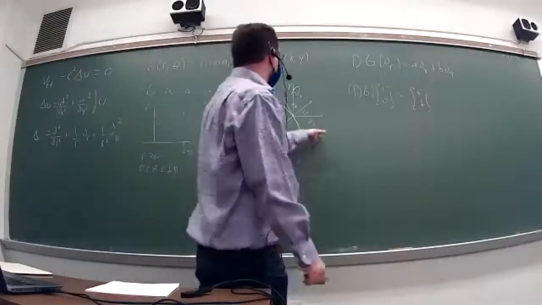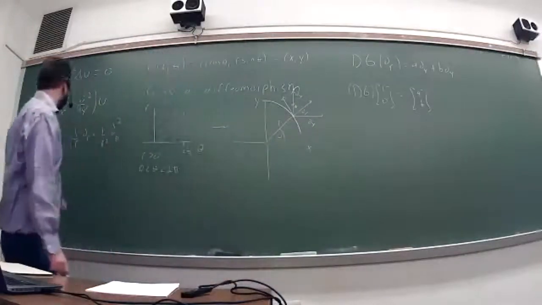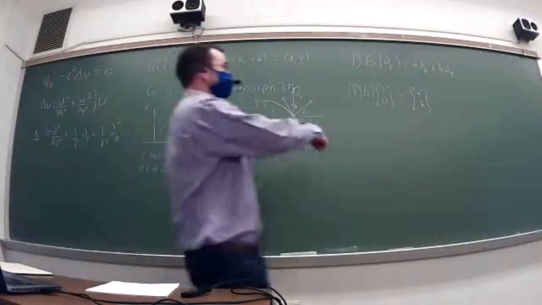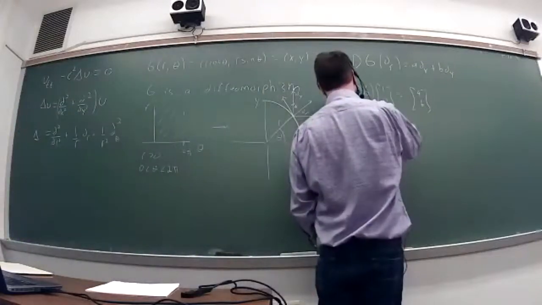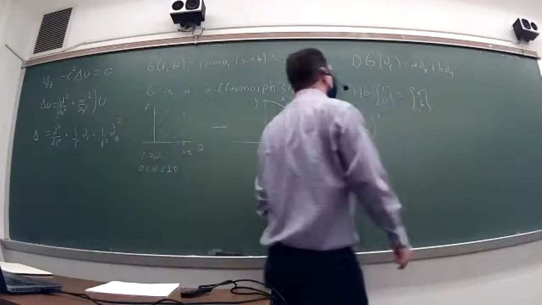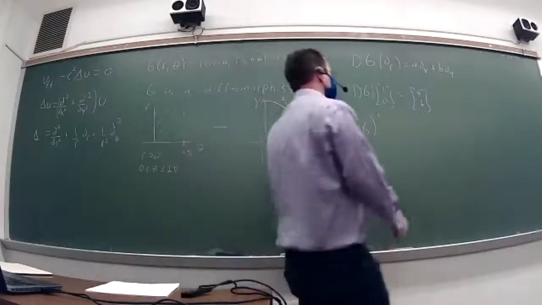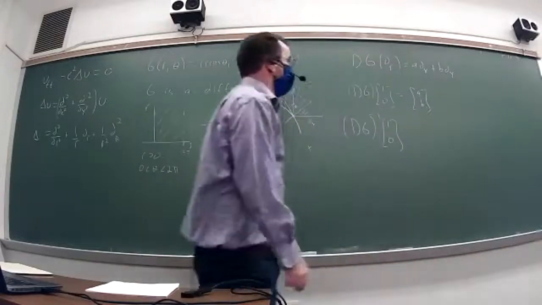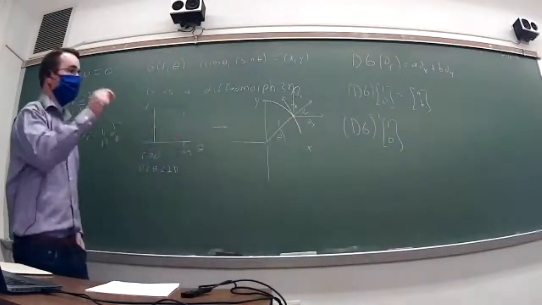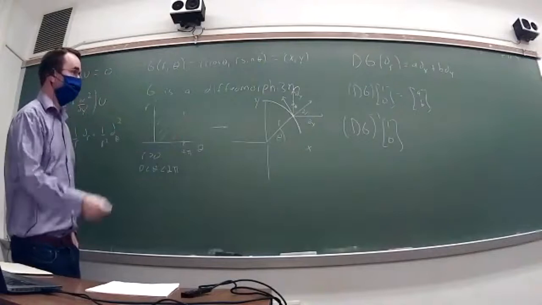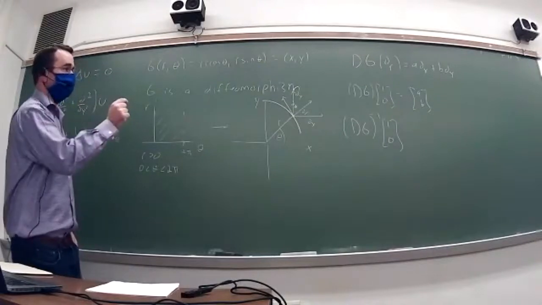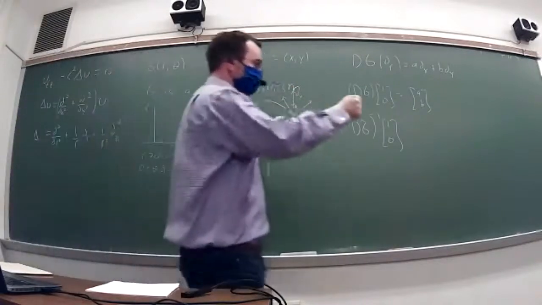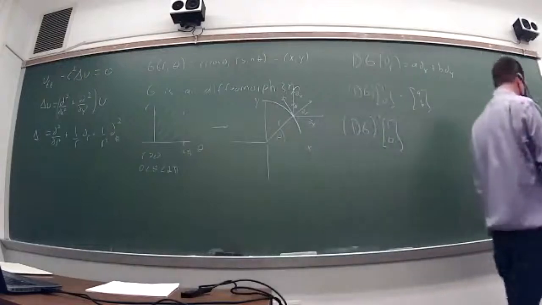If you wanted to write dx in terms of dr, you would invert this matrix and plug in 1, 0, and this would give you the coefficients that go in front of dr and d theta in order to write dx equals a constant times dr plus a constant times d theta.